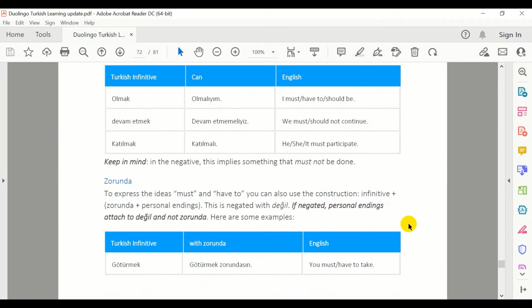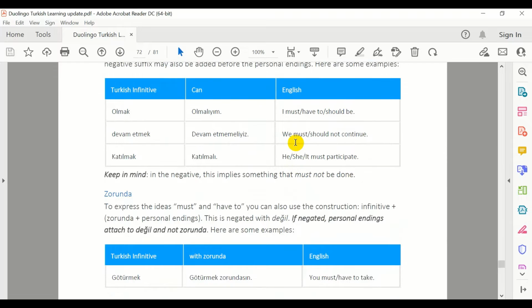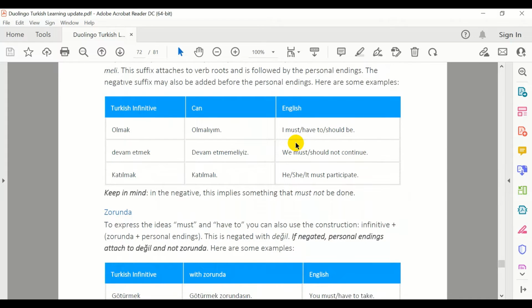Well, when you use the suffix malı or meli, and when you use the negative form, for example, dans etmeye devam etmemeliyiz, in the negative this implies something that must not be done.